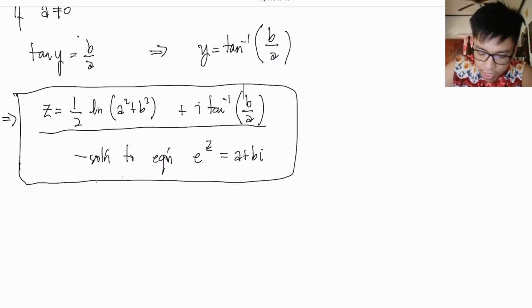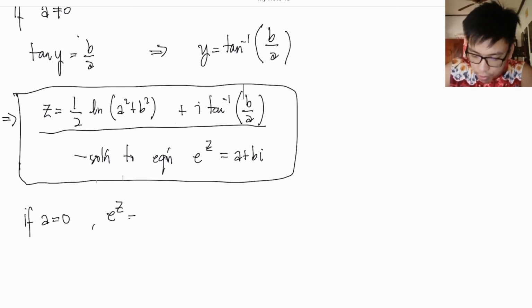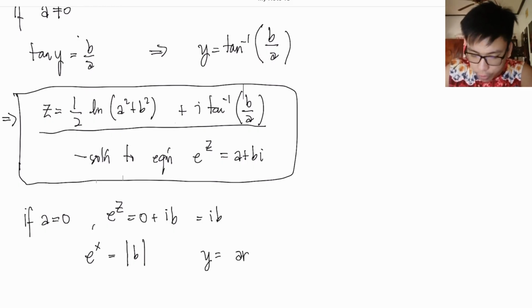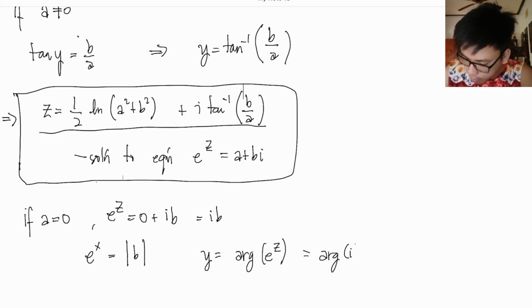How about if a is 0? What happens if a is 0? Then e^z is 0 + ib, that's equal to ib. Now e^x is equal to the modulo of b, and y is equal to the arg of e^z, which is the arg of ib.